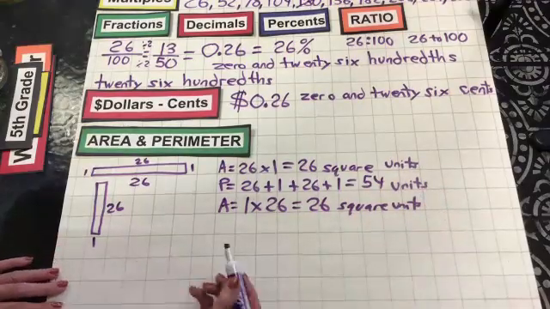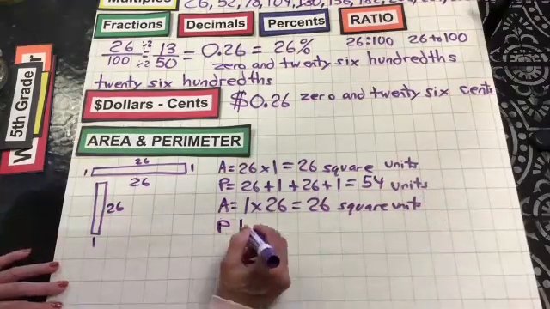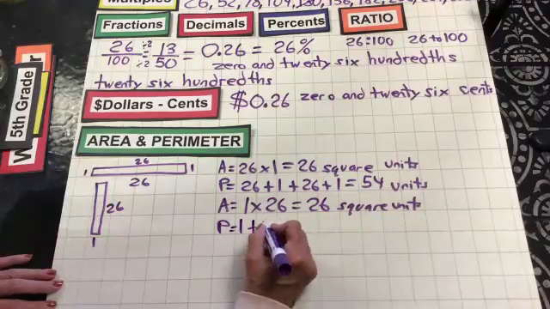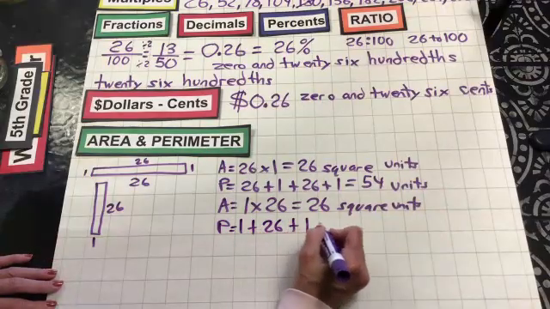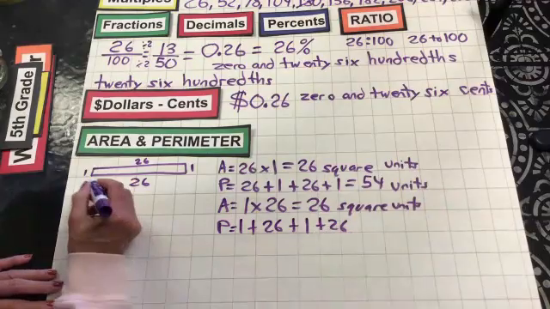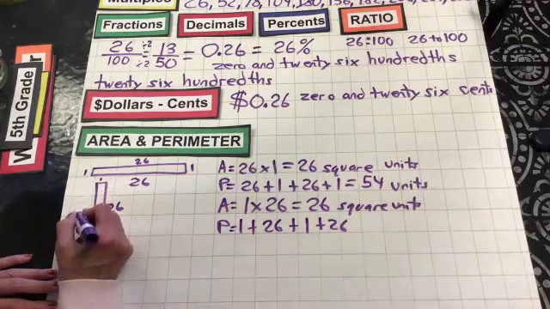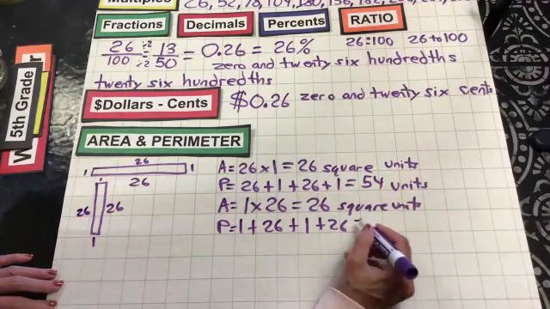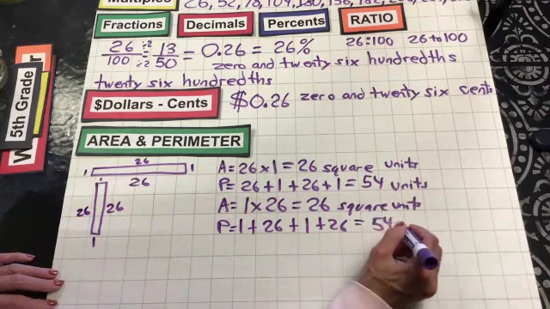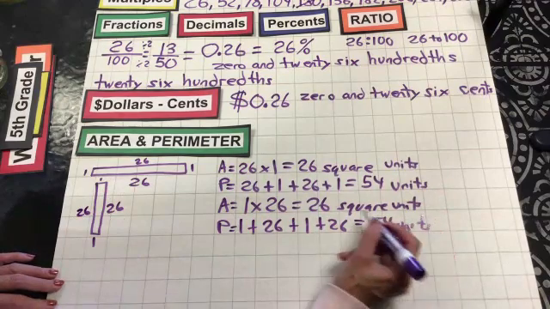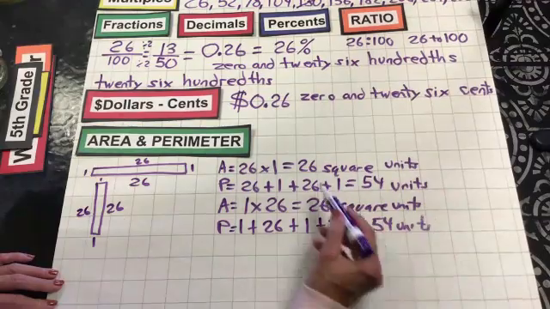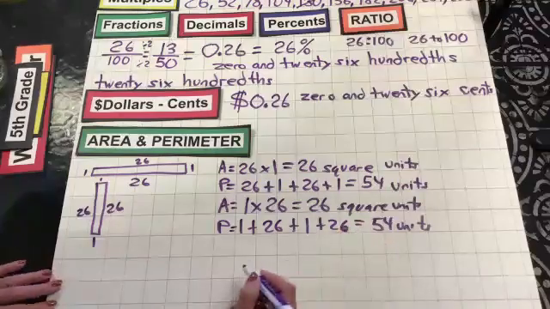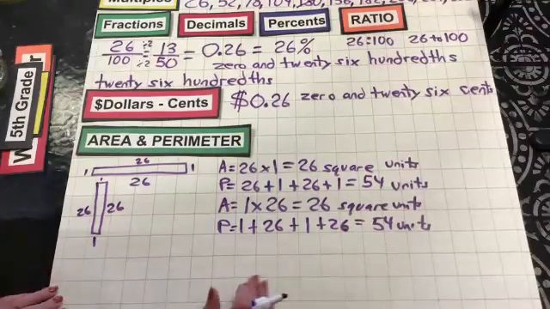And the perimeter, of course, would be 1 plus 26 plus 1 plus 26. So we're talking about 1, 26, 1, 26. And that equals 54 units. It's the same exact numbers in this problem, so we're just going to use what we know already.